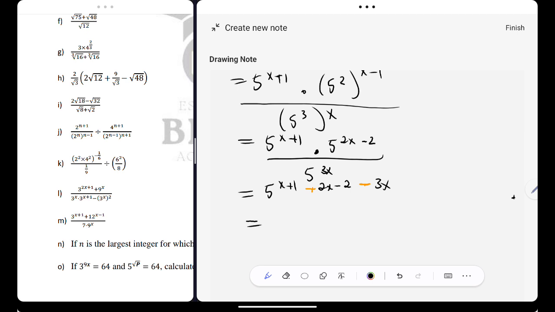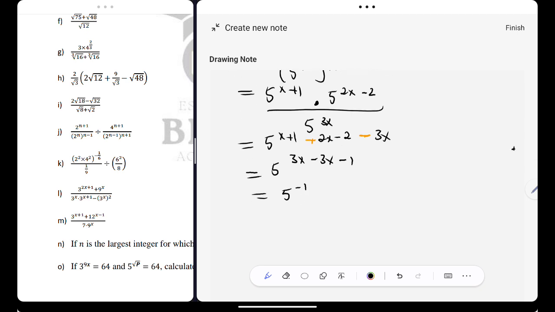Then what do I get? I'll get 5 to the power 3x minus 3x minus 1, because 1 minus 2 is minus 1, né? So I'll get 5 to the power negative 1, because the 3x's will cancel. Then I'll get 1 over 5.